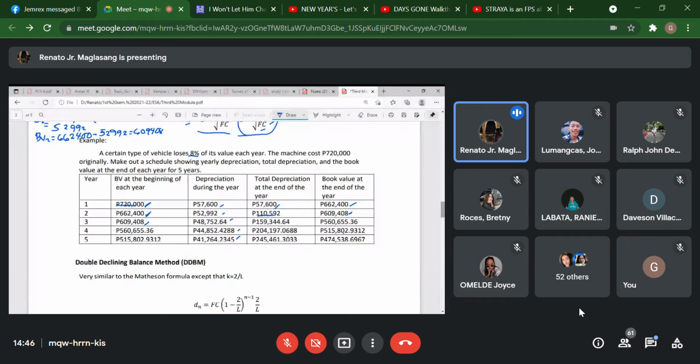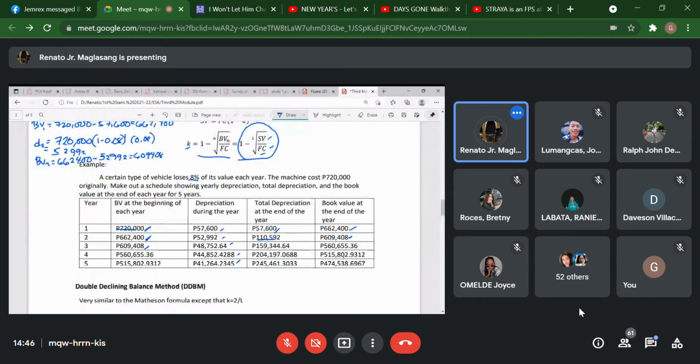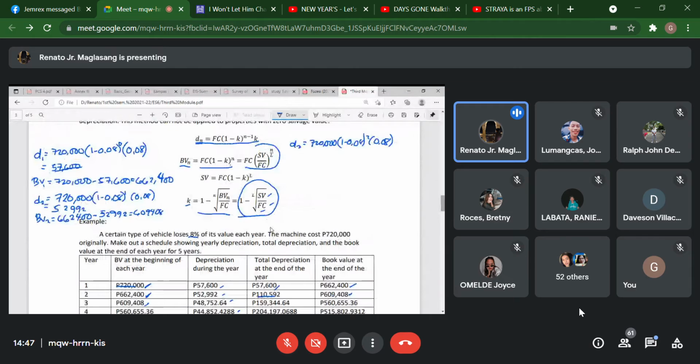Okay. So question regarding the Matheson formula. Question.